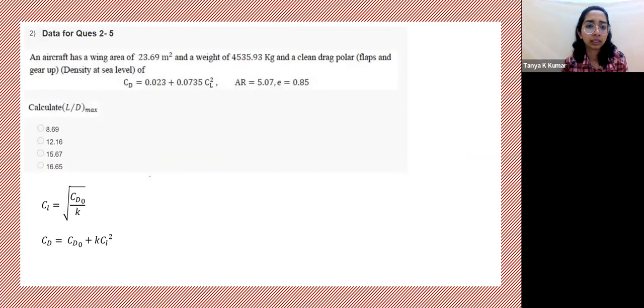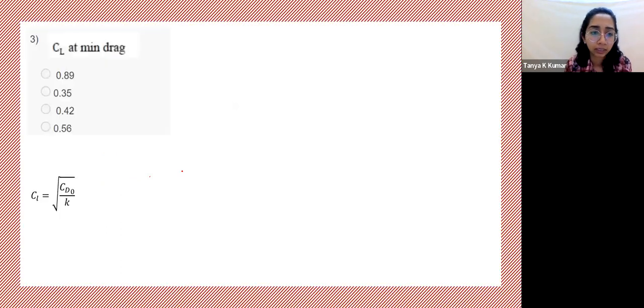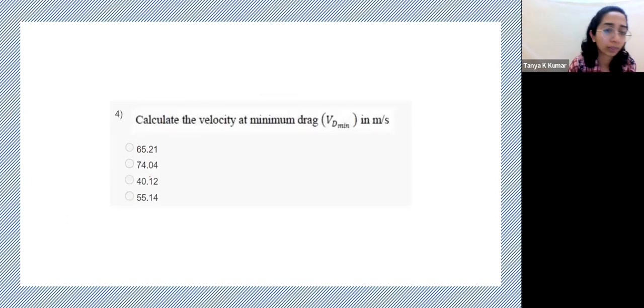Okay. So for the same aircraft, this is the same equation. We used these equations and got the answer. The CL at minimum drag. So we just calculated this. CL at minimum drag was nothing but the square root of CD naught upon K, which was 0.55. Calculate velocity at minimum drag.